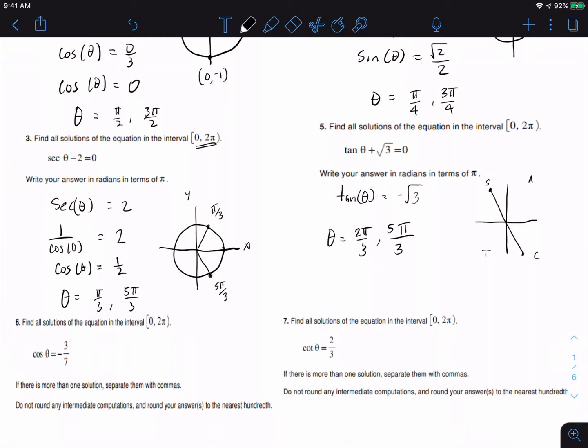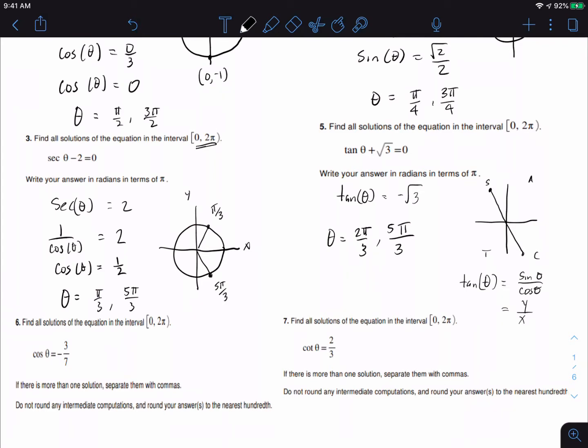Okay. Well, for those of you who didn't, don't worry. You're going to refer to the unit circle. But one of the things you've got to remember too is tangent of theta is equal to sine of theta over cosine of theta, or we can think of it as y over x.